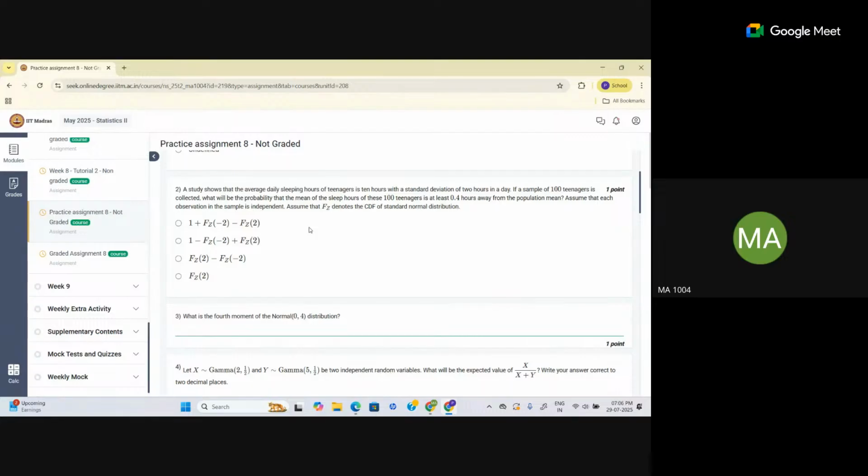A sample of 100 teenagers is collected. What will be the probability that the mean of sleep hours of 100 teenagers is at least 0.4 hours away from the population mean?